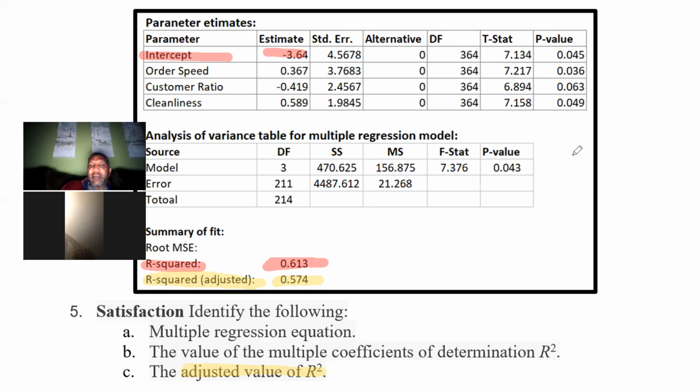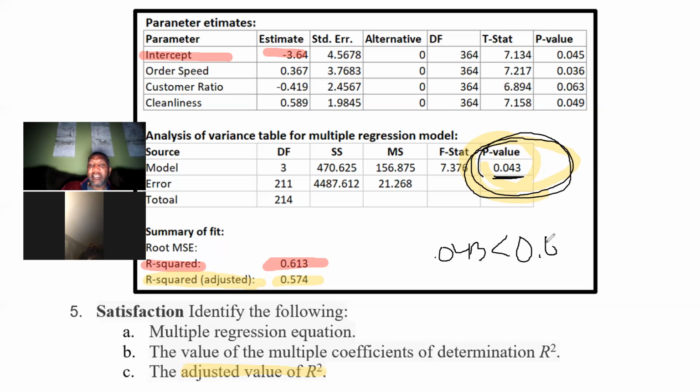Yeah, it could be talking about the p-value, but we're not going to worry about that. If you're comfortable, this is really up to you, right? I'm not going to be there, and I think it's not really going to come up in the questions, but you could pose the question about whether it's a good model. And this is a good model because the p-value, which is right here, that 0.043, is less than 0.05, which makes it a good model.